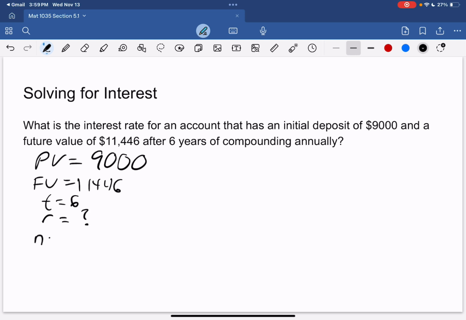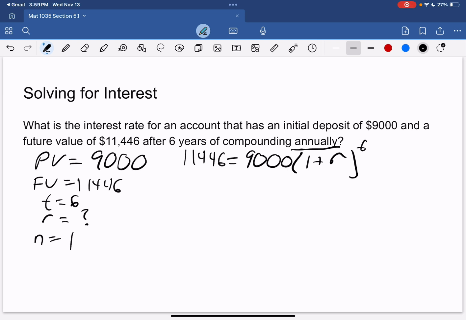And then I have an N value, which I'm compounding annually again, so my N is 1. Okay, so what I have is 11,446 is equal to 9,000 times 1 plus R, I don't know, divided by N, which is 1, so that's really just R, raised to the 6th.